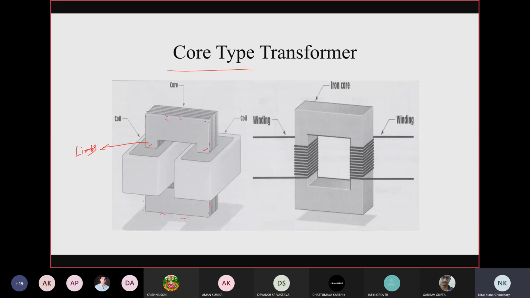So in core type transformer, two limbs are there, and this horizontal part both up and down, these are known as your yoke, right?